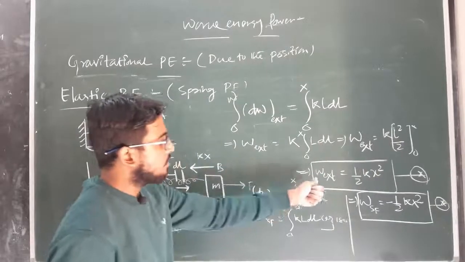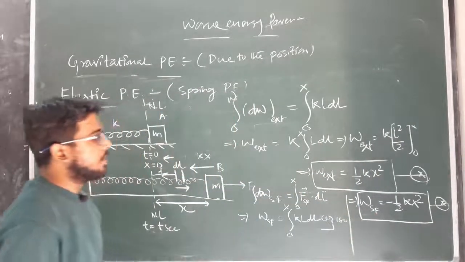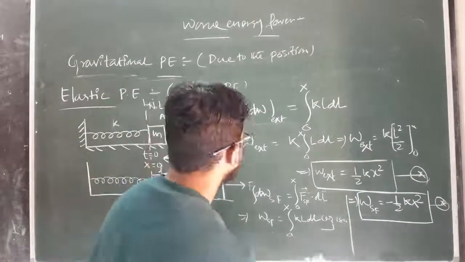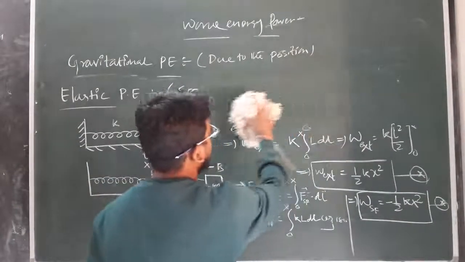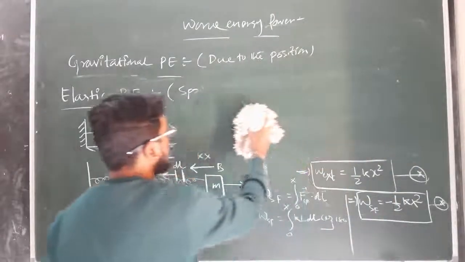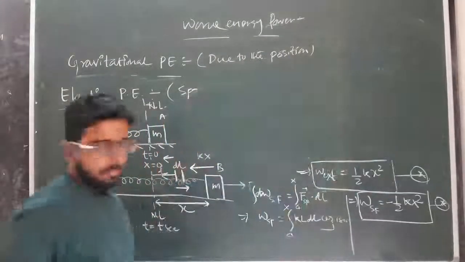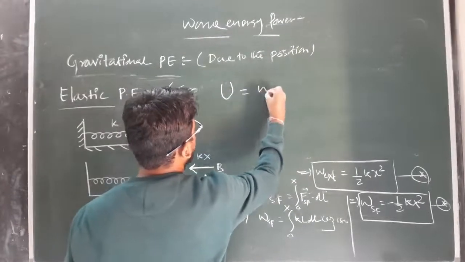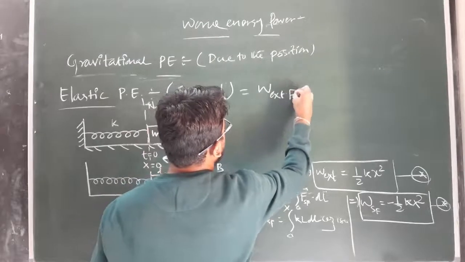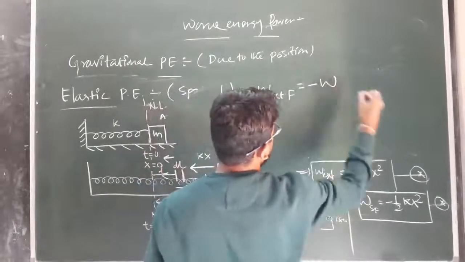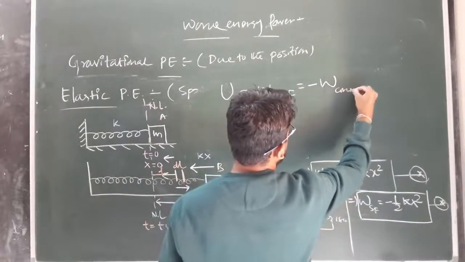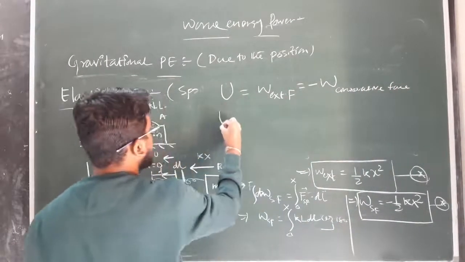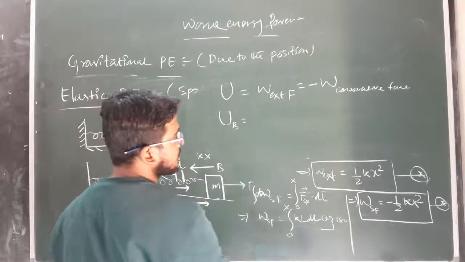So work done by external force is equal to negative of work done by spring force, and as we know, the work done by external force is equal to the amount of potential energy stored within the body, or as we discussed, the potential energy is equal to work done by external force or the negative of work done by conservative force. So here the potential energy at B will be equal to work done by external force, which is how much?